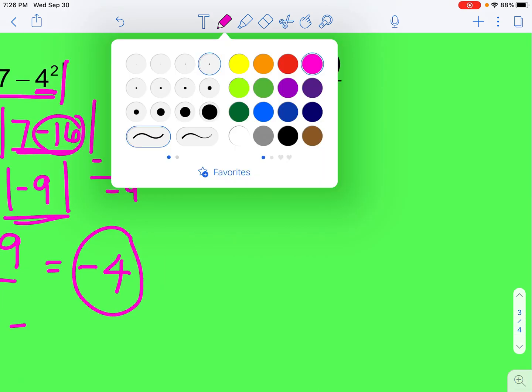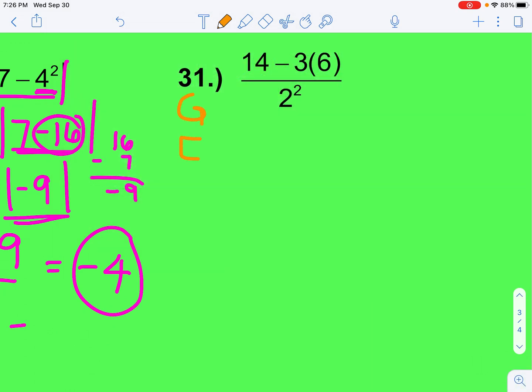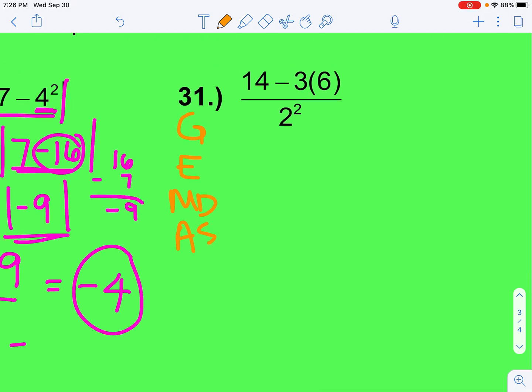Alright, our last problem. I'm going to rewrite GEMDAS again so I remember how to solve it. So now this time my grouping symbol is this fraction bar, which tells me I need to simplify the top first and then the bottom before I can divide. Alright, so let's start with exponents.